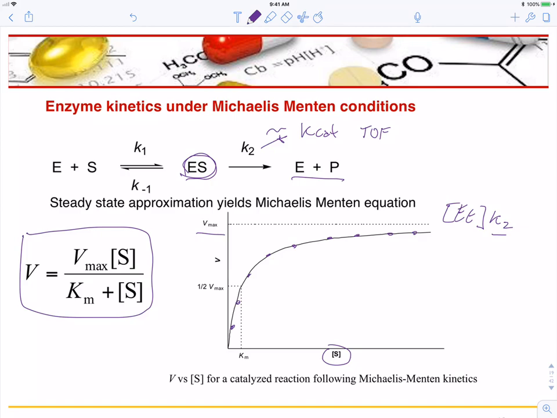So not all the enzymes yield this kind of nice hyperbolic relationship, and so we have deviations from the Michaelis-Menten equation in behavior that basically indicate either cooperativity in a multi-enzyme complex or the involvement of an allosteric site on the enzyme.